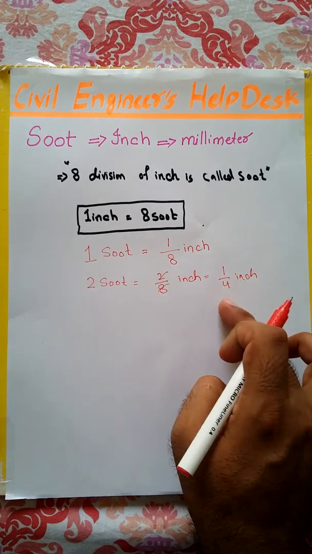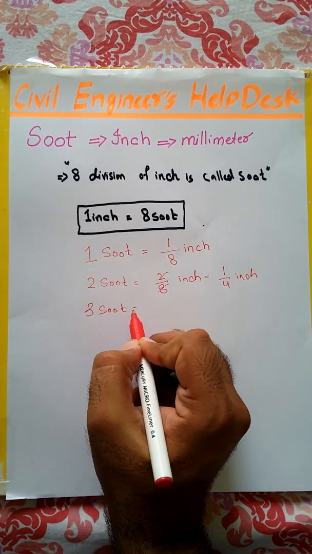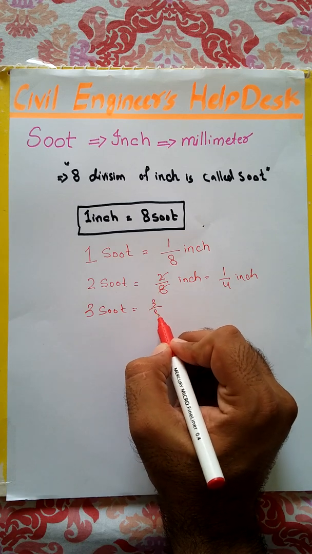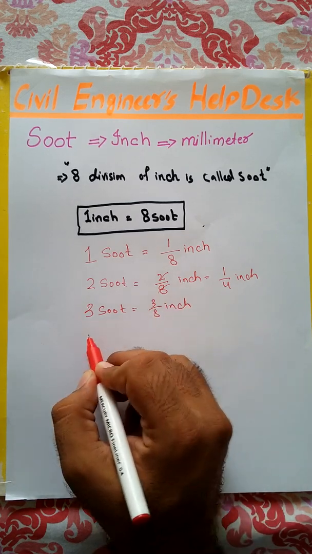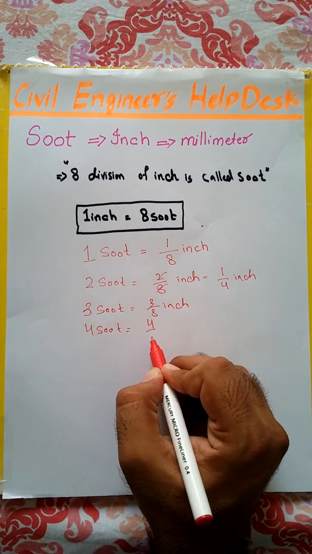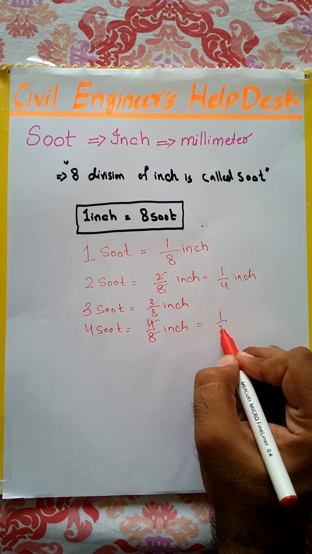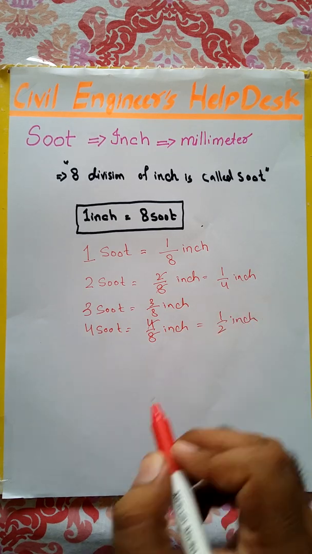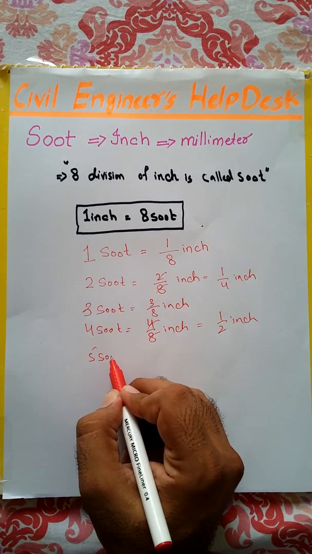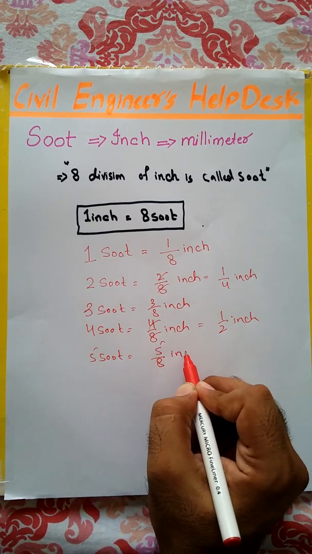Similarly, 3 Sooth is equal to 3 upon 8 inches. 4 Sooth is equal to 4 upon 8 inches, which you may also call 1 upon 2 inch, half inch. 5 Sooth is equal to 5 upon 8 inch.